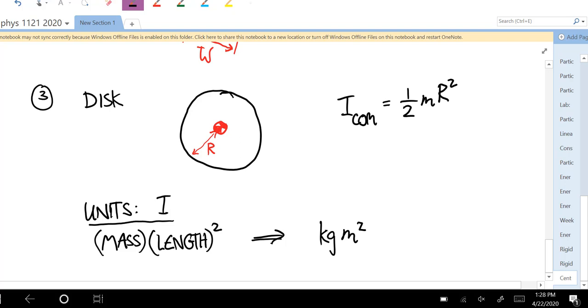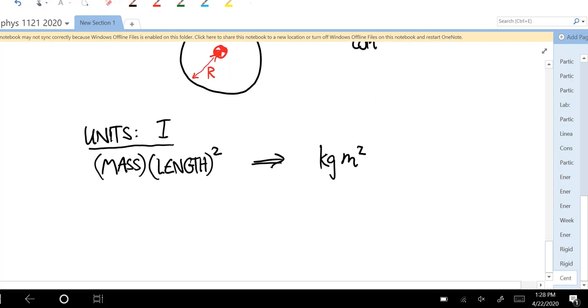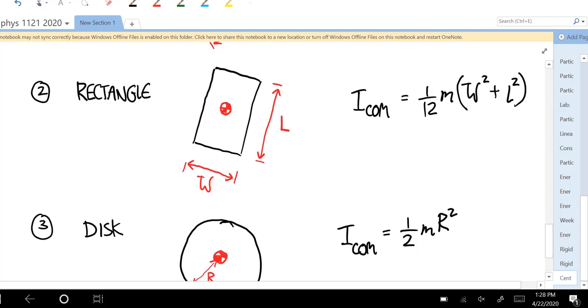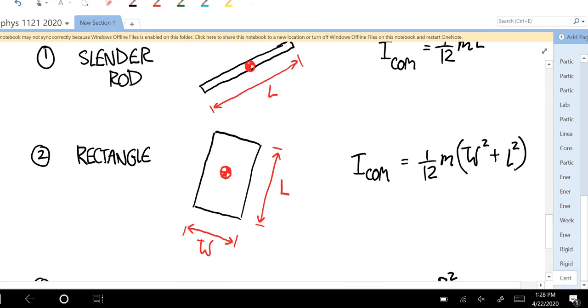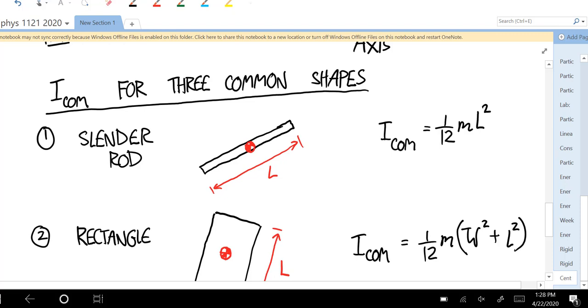Okay, well, it turns out that depending on where the hinge is, the same shape is a different difficulty to get rotating. So with the slender rod, if the hinge is at the center, where I have it drawn here, and what that formula represents, it's relatively easy to get it rotating.